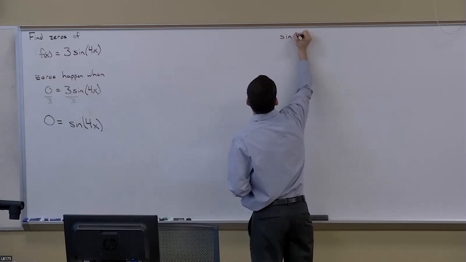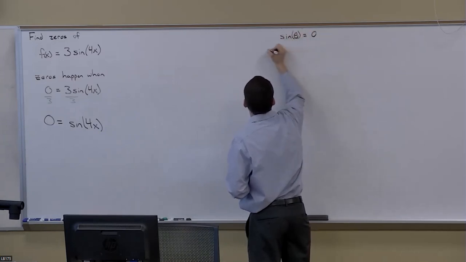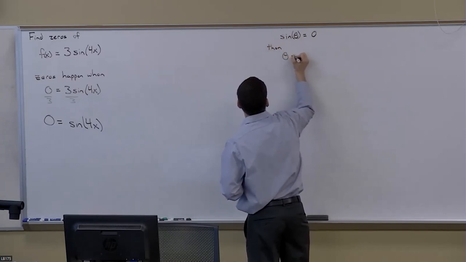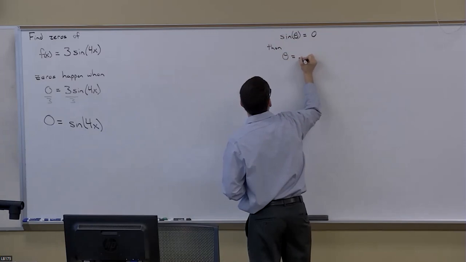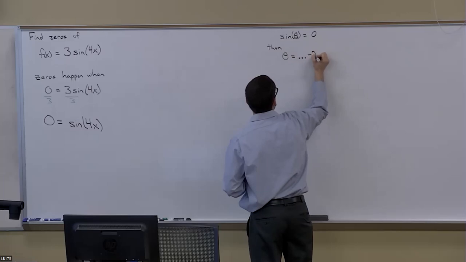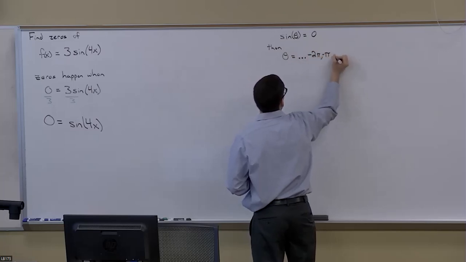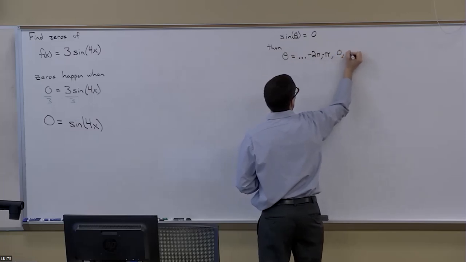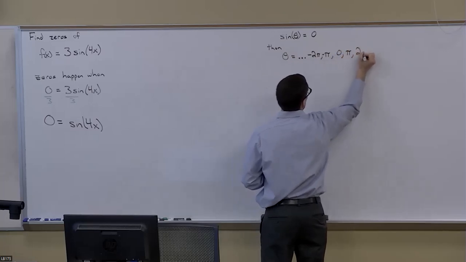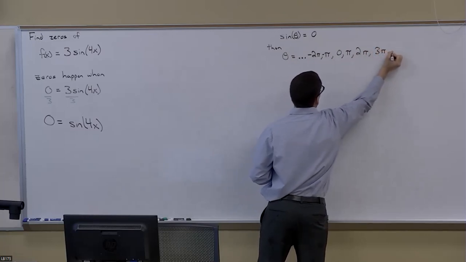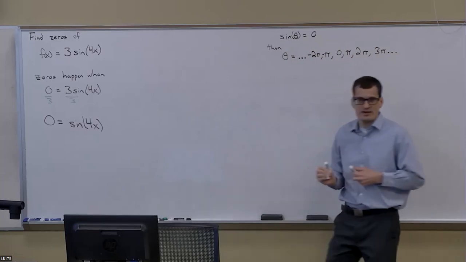Now, I just want you to remember we just got through saying that if you have sine of something equal to 0, then that something could have been negative 2 pi, negative pi, 0, pi, 2 pi, 3 pi, whatever, right?